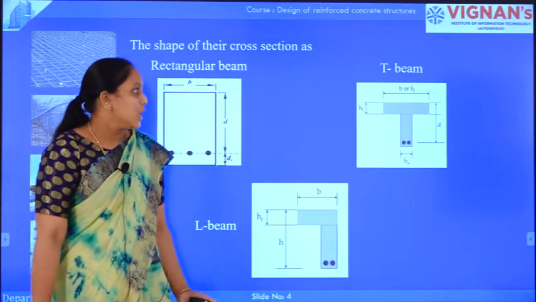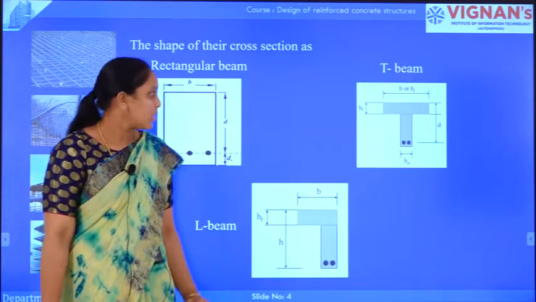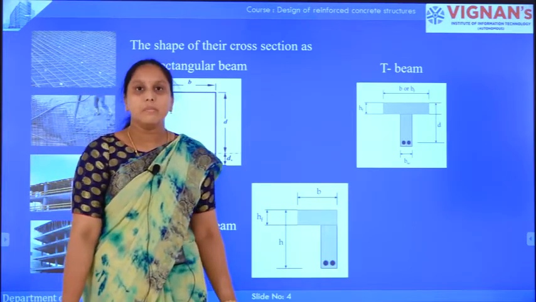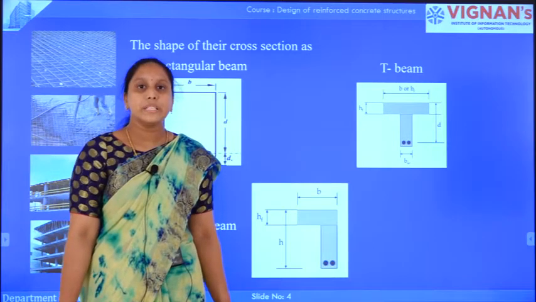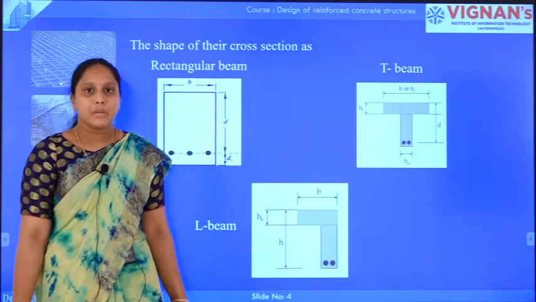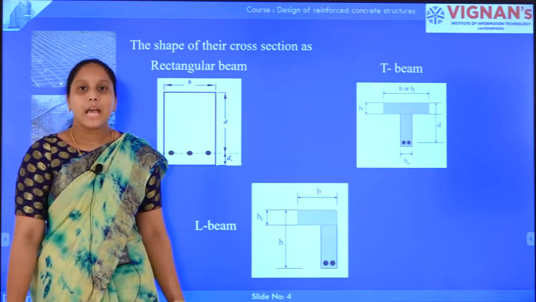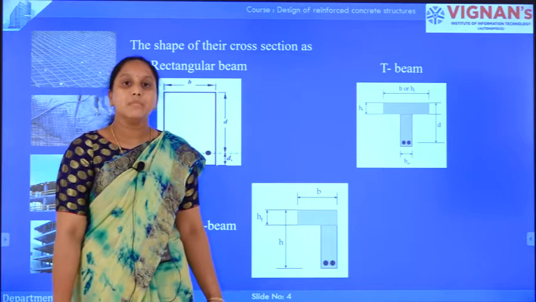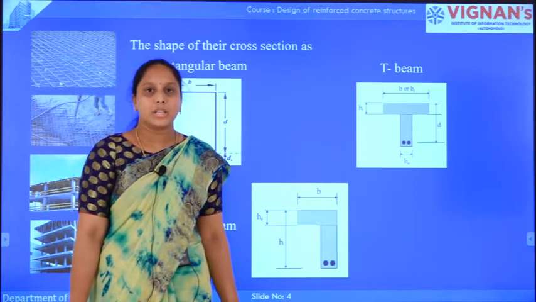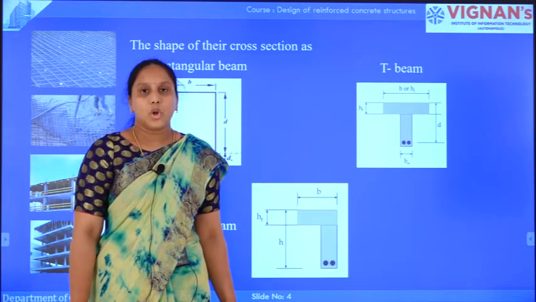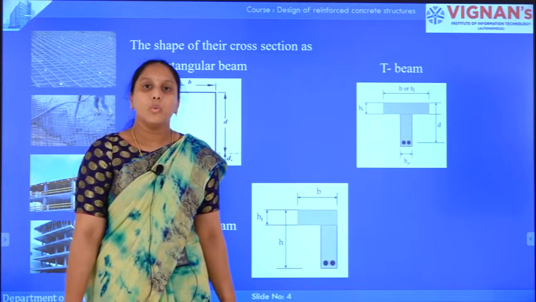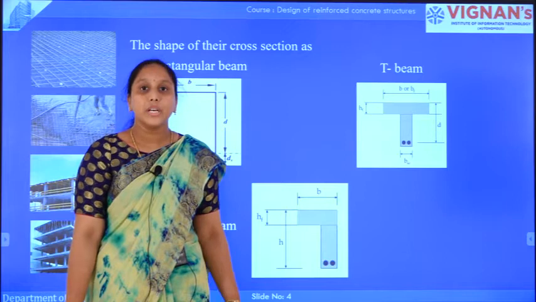So, you can see the T and L-beams when the slabs and beams are casted monolithically. When slabs and beams are casted monolithically, the top part of the beam, that is a small part of the slab, will act together with the beam.